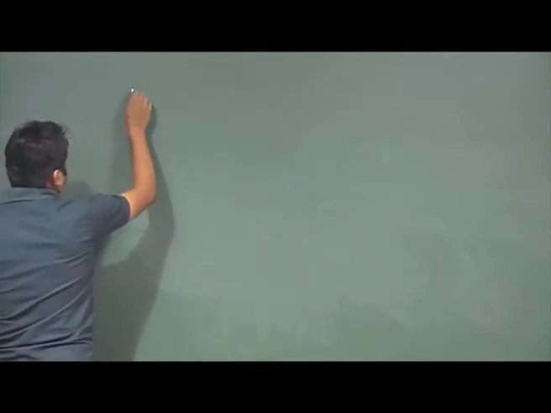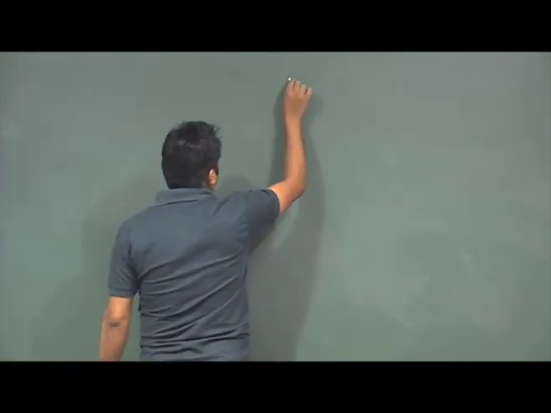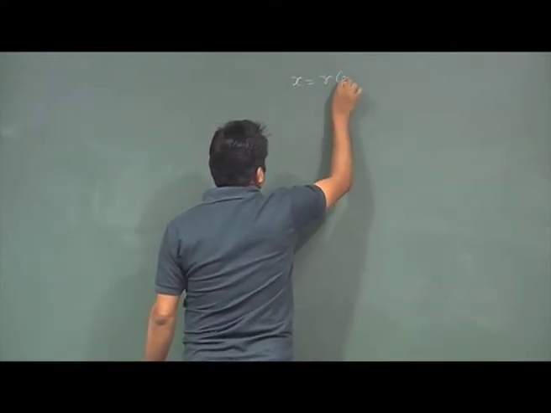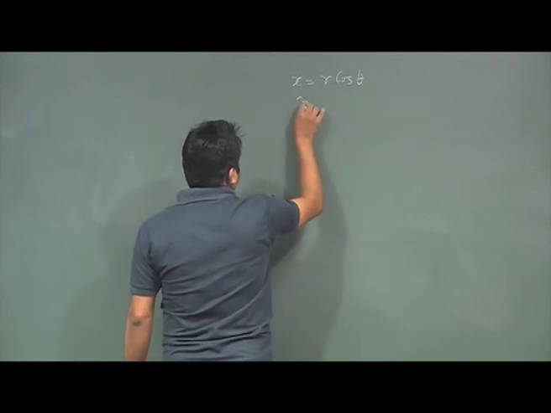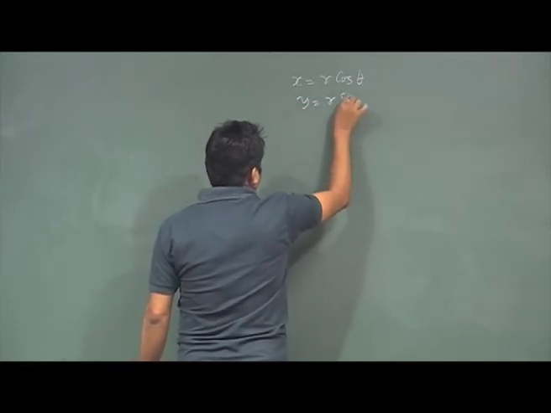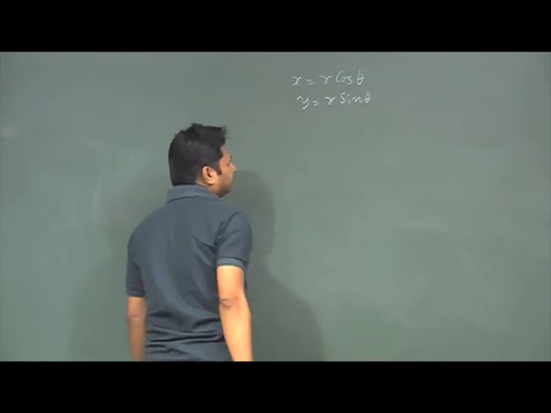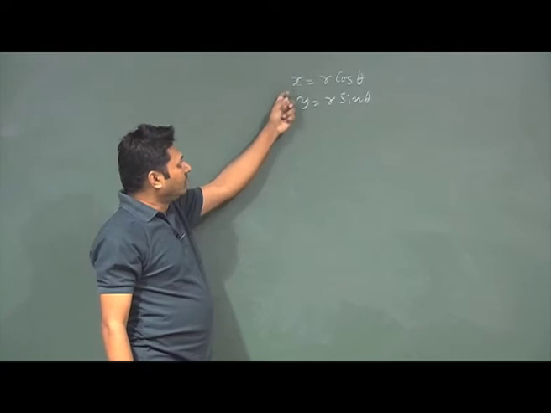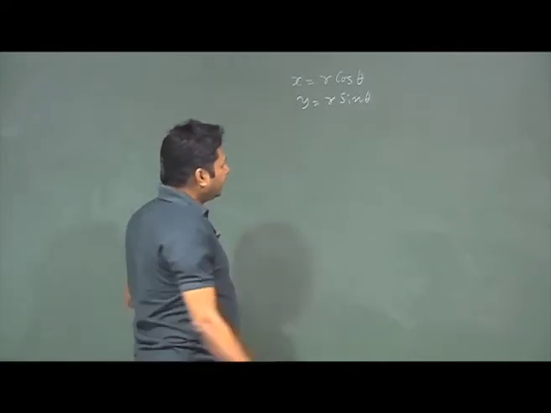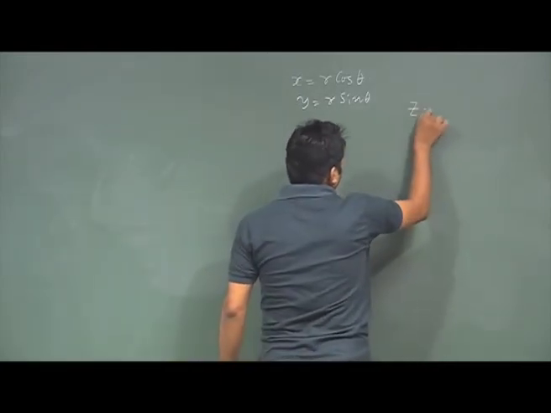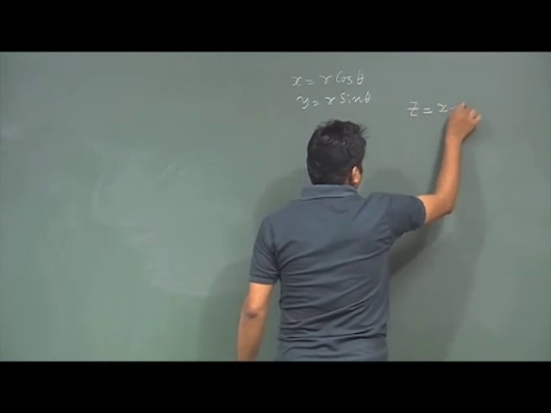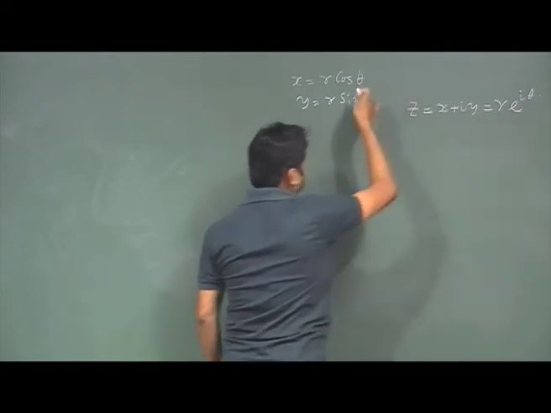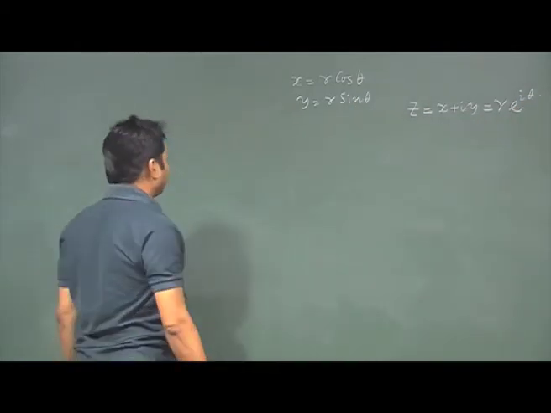So, x is r cos theta and y is r sin theta. That we know. This is the starting point, because we know that a particular point z can be represented as x plus iy and as r e to the power i theta, and these are the relationships just before I derive it.